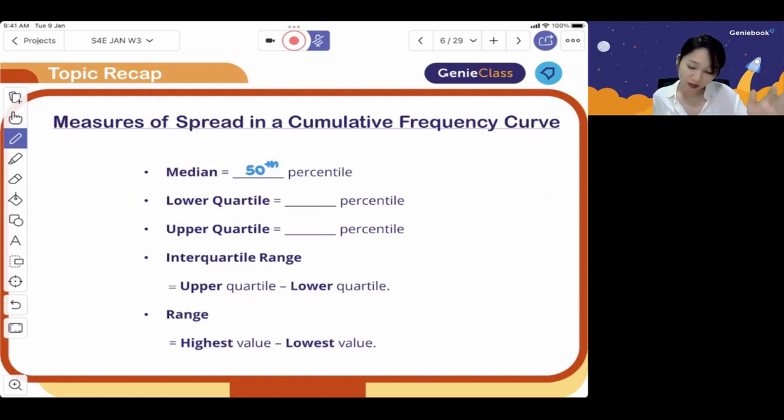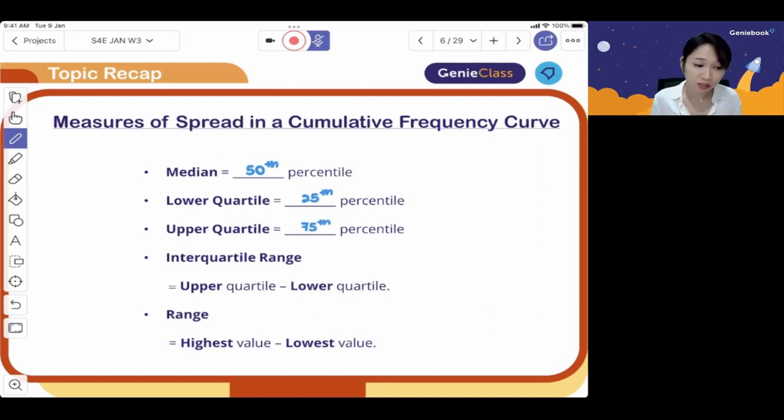The lower quartile is the middle value in our lower half. So from 1 to 100, we now have two halves, right? From 0 to 50 and 51 to 100. So the middle value in that lower half will be the 25th percentile. And the middle value in the upper half from 51 to 100, that will be the 75th percentile.